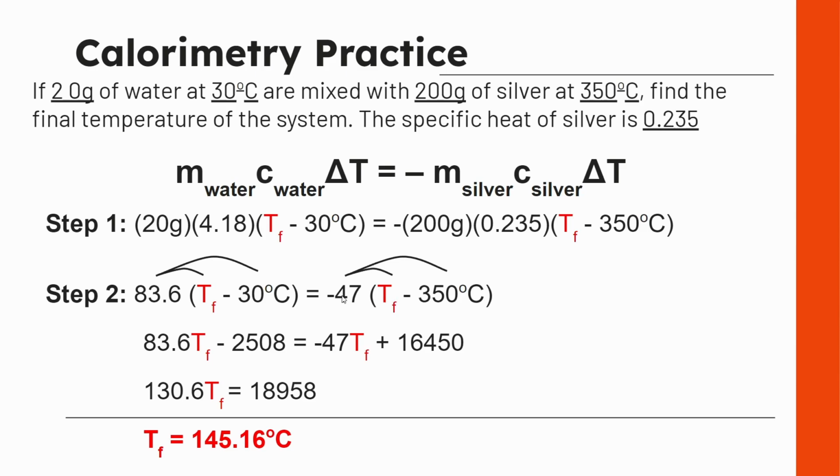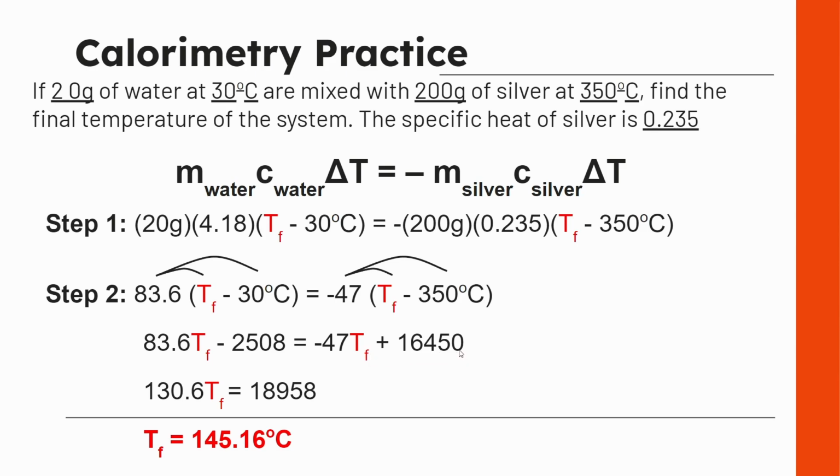I'm going to have to distribute negative 47 to final temperature and 350 degrees, and I'm going to have to distribute 83.6 to my final temperature and my negative 30. Then I end up with 83.6 final temperature minus 2508 equals negative 47 final temperature plus 16,450.